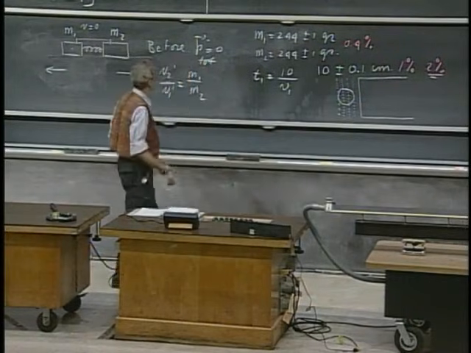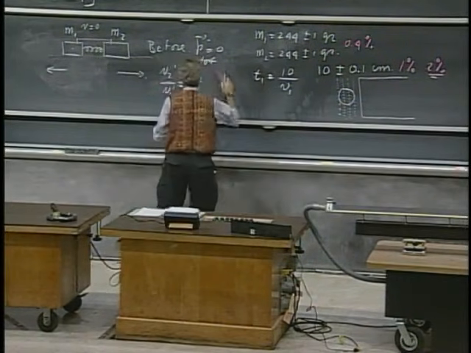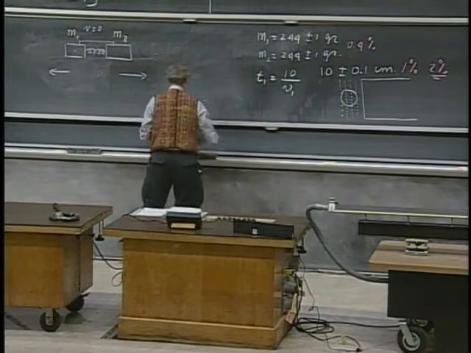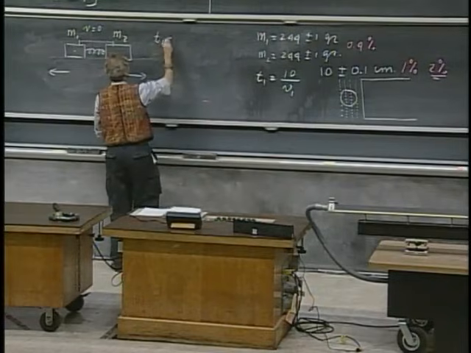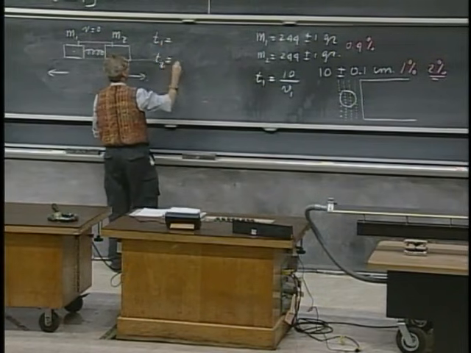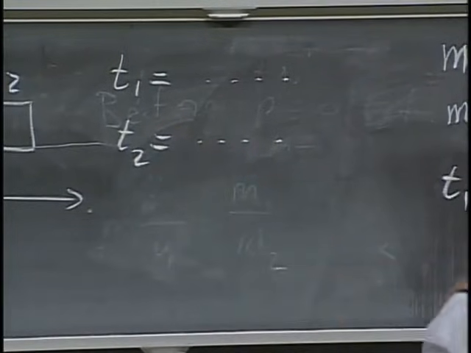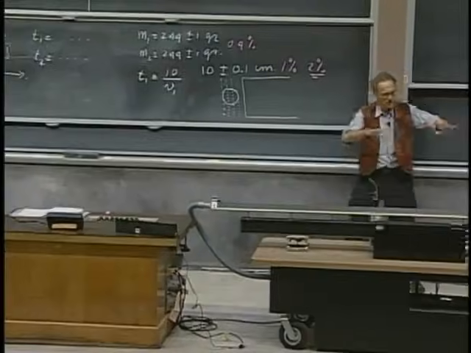That would be my prediction. So we're going to write down here the times, and then we're going to measure them. So time 1 and time 2. And we will see whether these two numbers are the same within the uncertainty of our measurements. Here is the air track. Have to turn on the airflow.